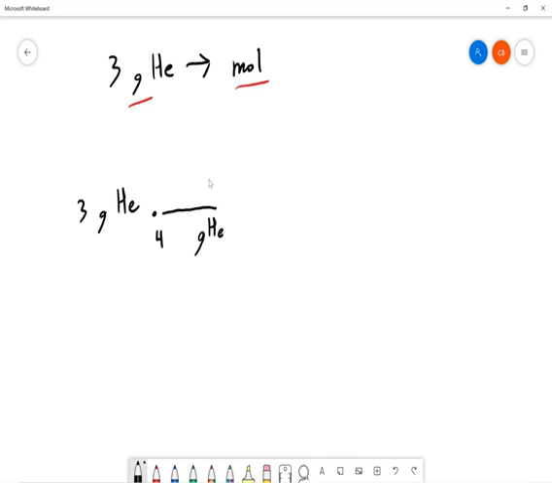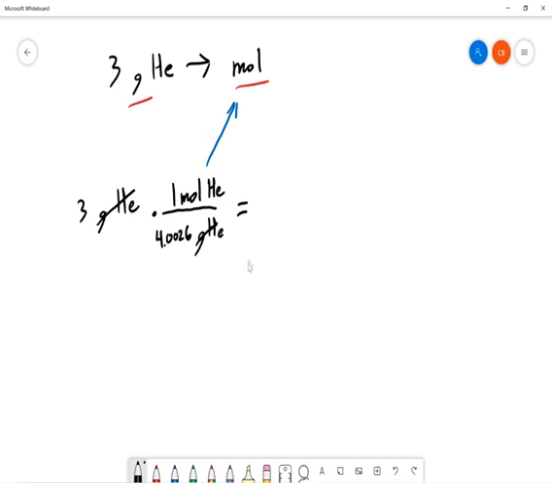Okay, so 1 mole is equal to 4.0026 grams, and that is what 1 mole of helium is, right? So we're getting out of grams, and we're getting to moles of helium, which is exactly what we wanted, right? Remembering our conversion factors here. So we are free to solve this problem right now.